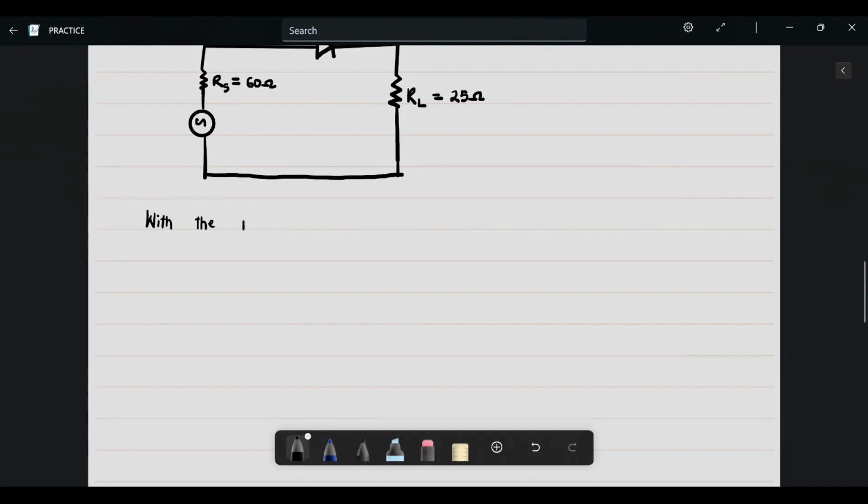So with the inclusion of the 60 ohm source resistor, the total resistance increases, right?